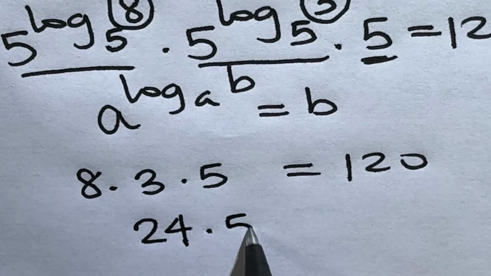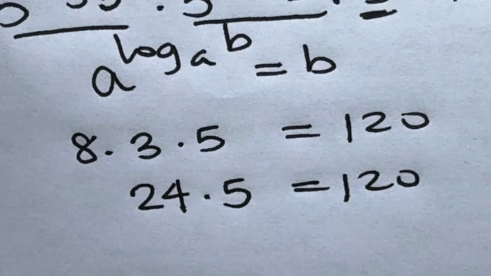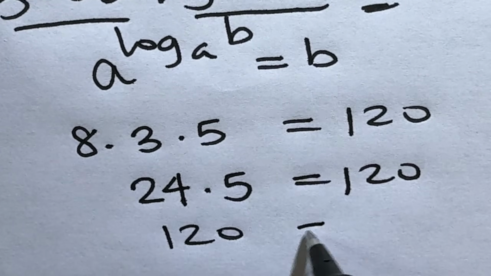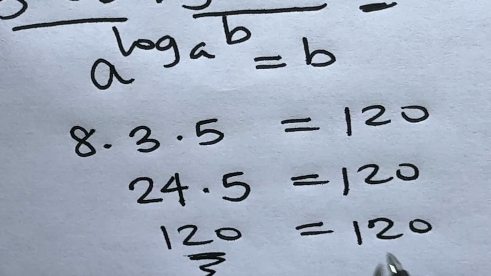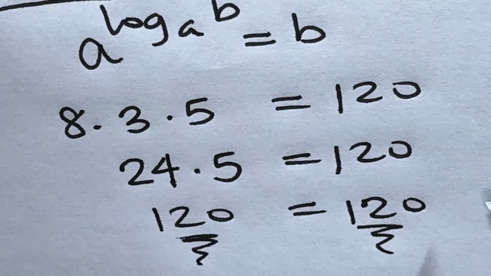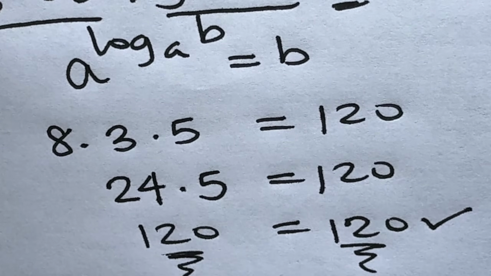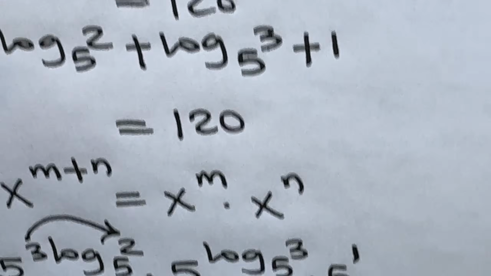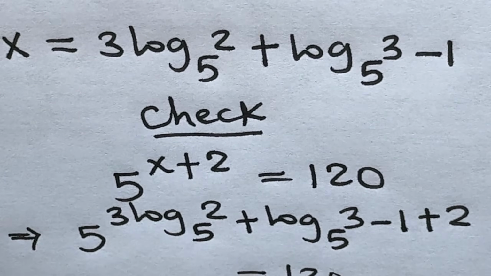Then 24 times 5 is 120. So 120 is equal to 120. Left hand side balances the right hand side, confirming that our solution is correct.